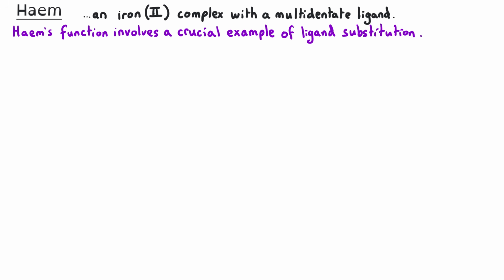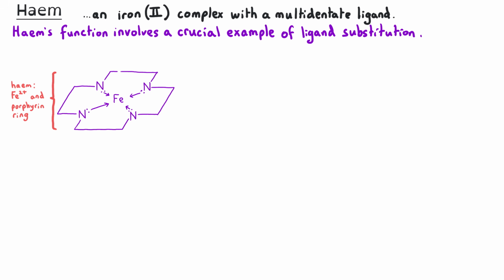Heme is an iron 2 complex with a multidentate ligand, and it's a crucial example of ligand substitution that takes place in our bodies. The heme group is comprised of an iron 2 plus ion and a porphyrin ring, which works around the square plane of this iron 2 plus ion and forms 4 coordinate bonds through nitrogen atoms to the central ion.